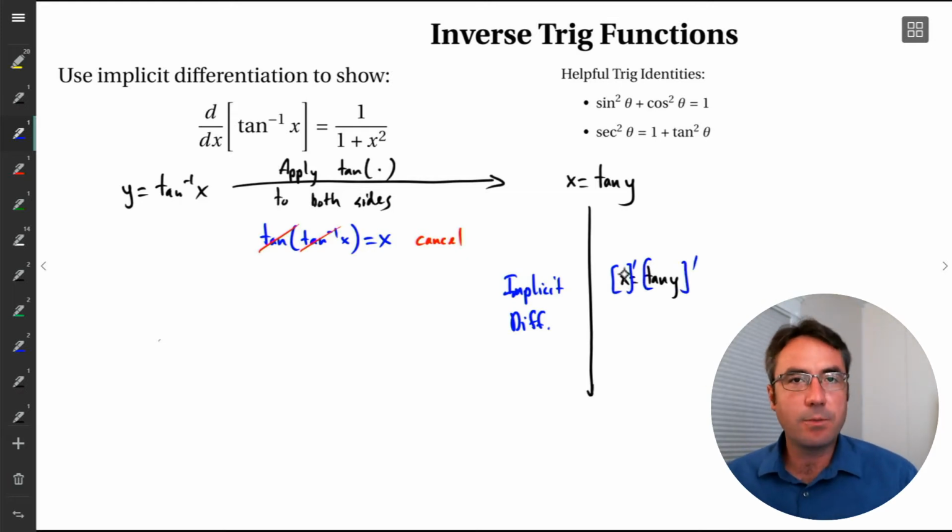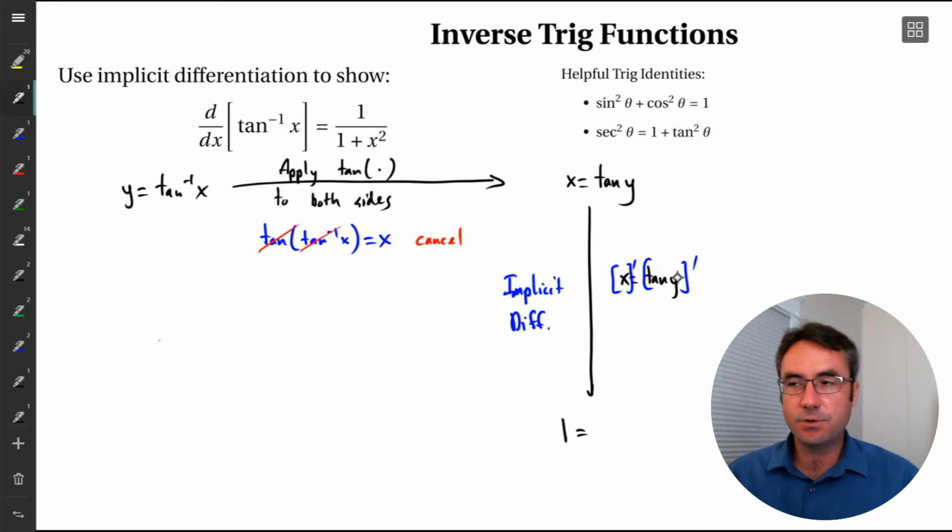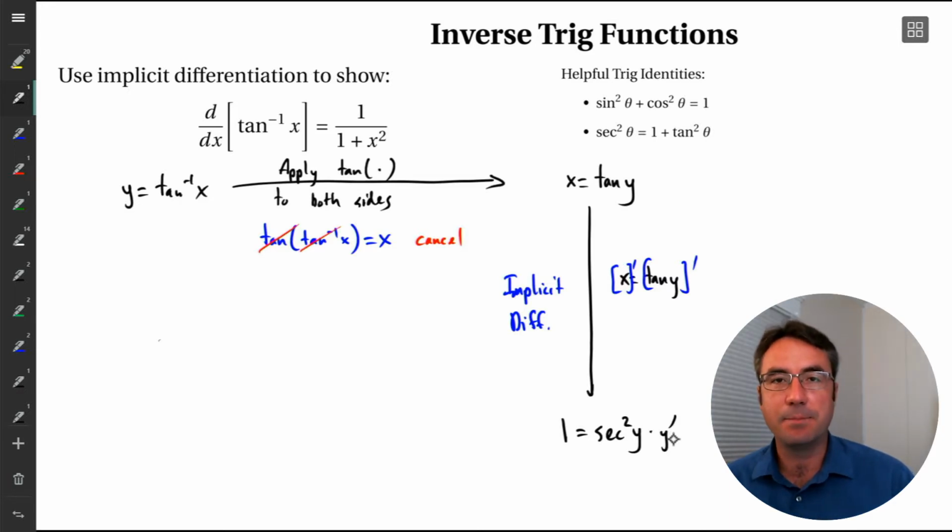Just like normal implicit differentiation, derivative of x, we differentiate that like usual, so we get 1. Differentiate the right side like usual, so the derivative of tan, we've proved what the derivative of tan is, secant squared. So we get secant squared of y. And we're differentiating a y term here, so we differentiate it like usual, but then we multiply by y prime. So we get secant squared y times y prime on the right.